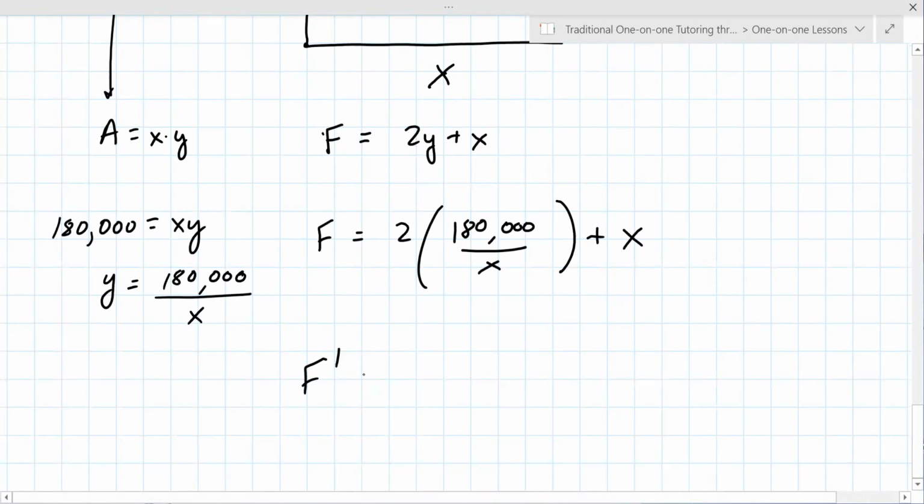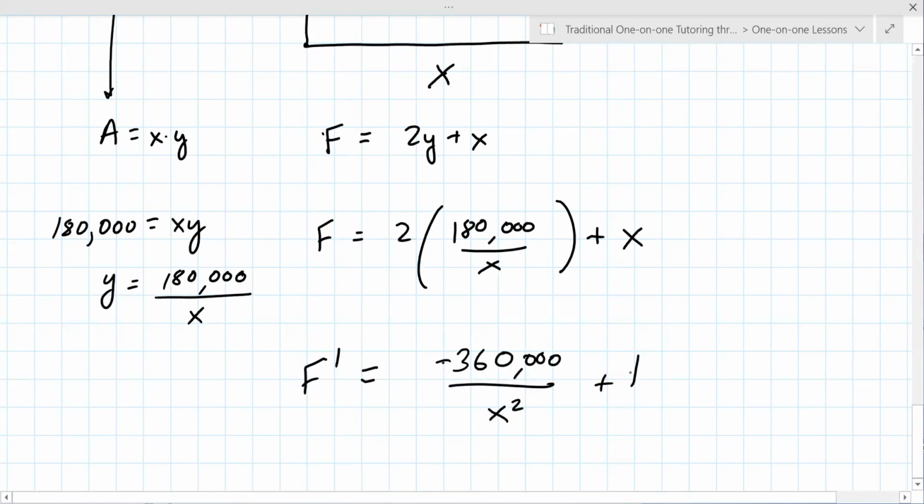Okay, I think I got it. The derivative is minus 360,000 over x squared plus 1.